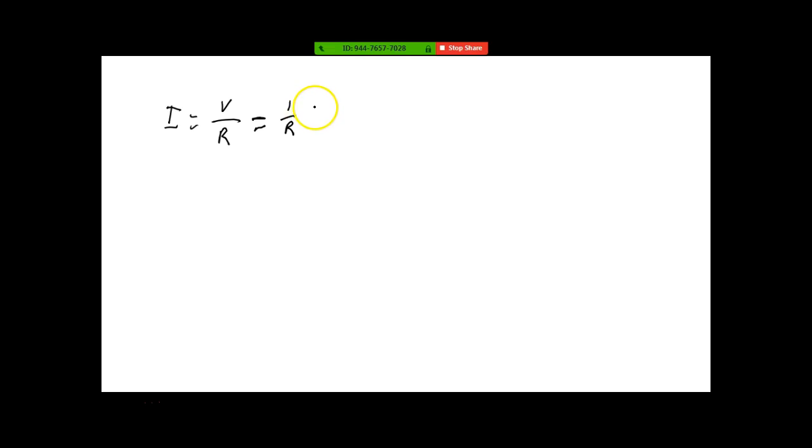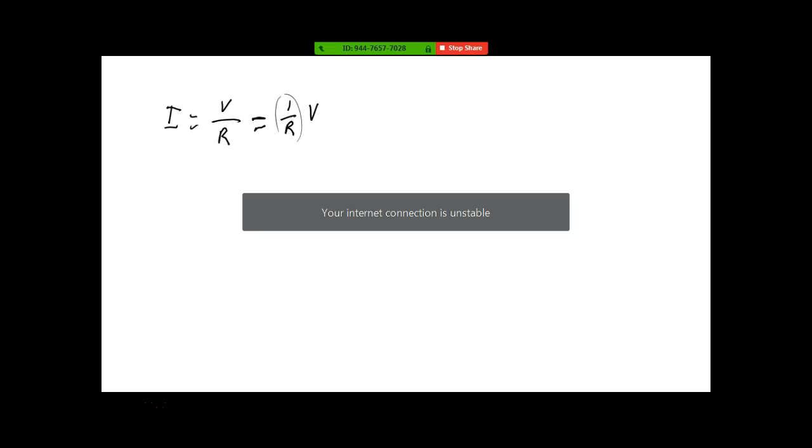Well, it is for any given resistor. 1 over R would be what we call the proportionality constant. The current is proportional to the voltage.